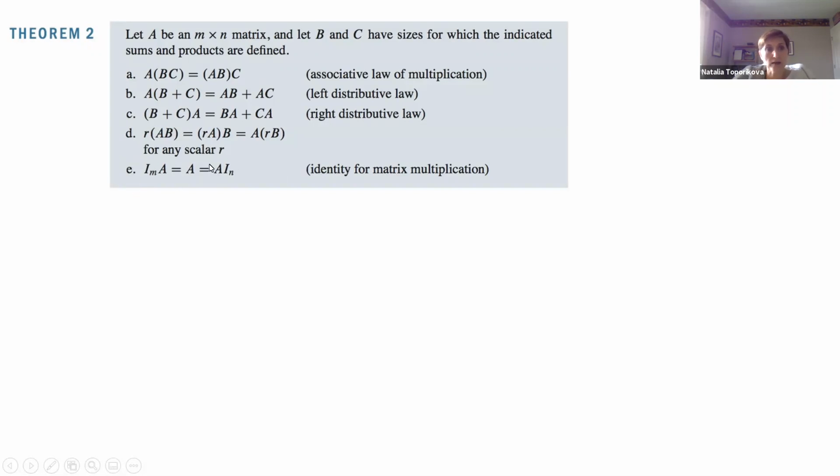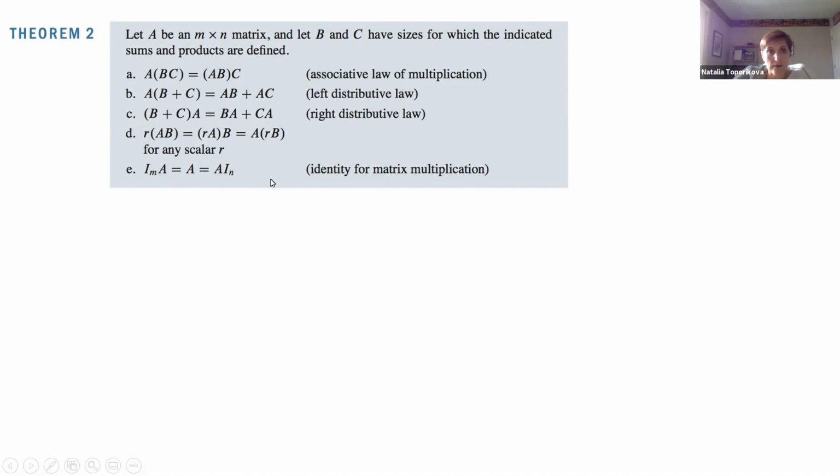Finally, a very important property, which we will use extensively for the rest of the course, is the representation of a matrix as the product of the matrix and an identity matrix. For example, if we have a matrix A of size m by n, we can write it as the identity matrix of size m times matrix A, or as matrix A times the identity matrix of size n.